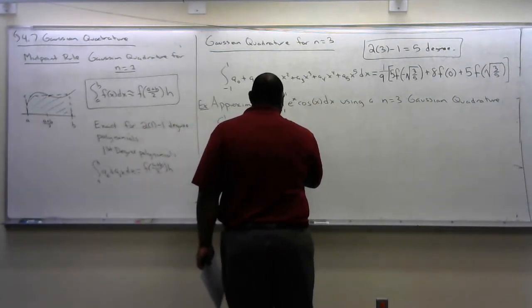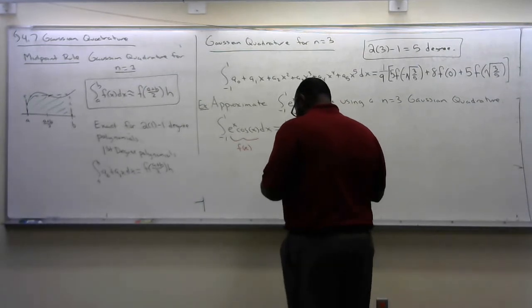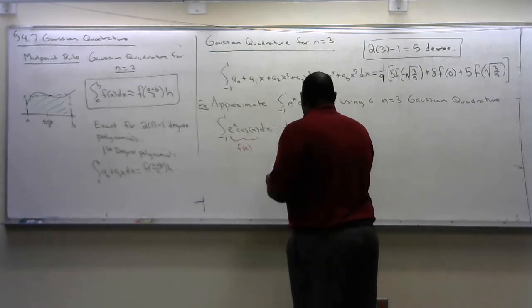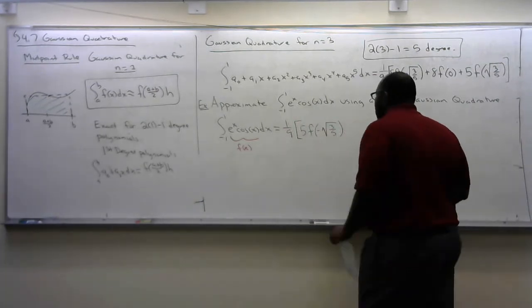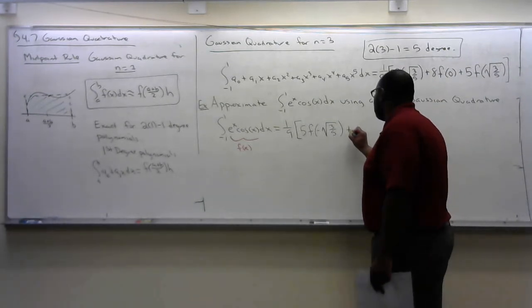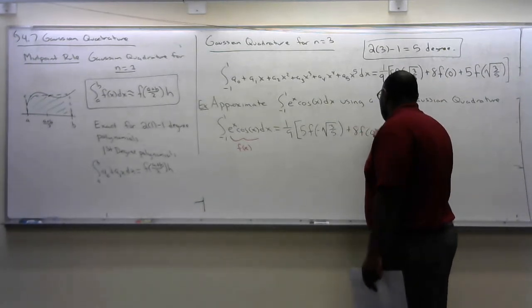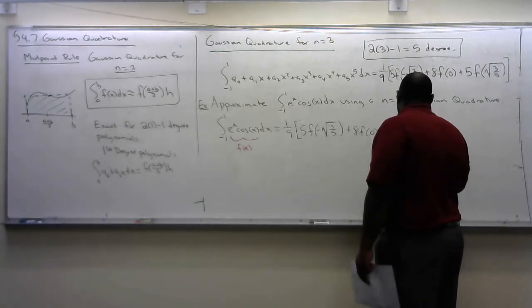I get 1/9 of 5 times this function evaluated at negative square root of 3/5 plus 8 times f of 0 plus 5 times f of square root of 3/5.